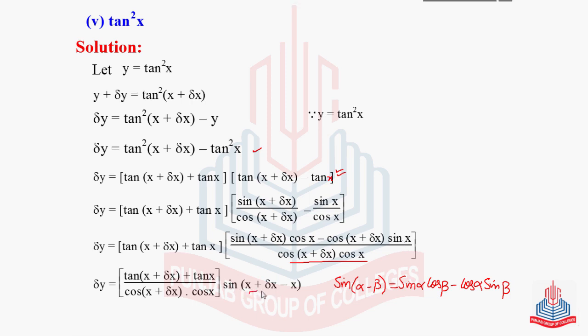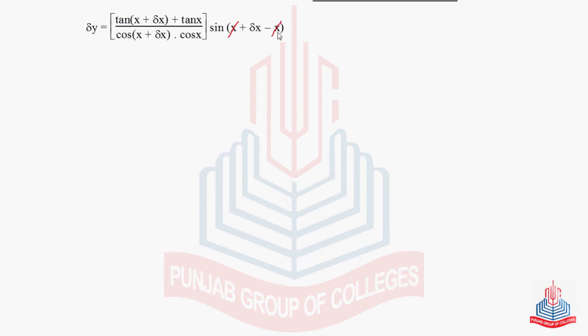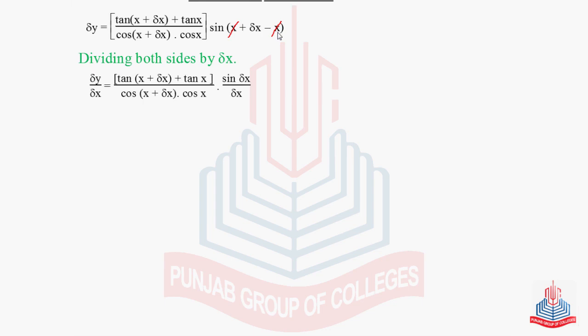Here x plus delta x is alpha and beta is x. So this is actually sin x plus delta x minus x. This x minus x will be cancelled out, and dividing both sides by delta x, that will become delta y by delta x equals tan x plus delta x plus tan x over cos x plus delta x into cos of x, and this is sin delta x, dividing by delta x here.